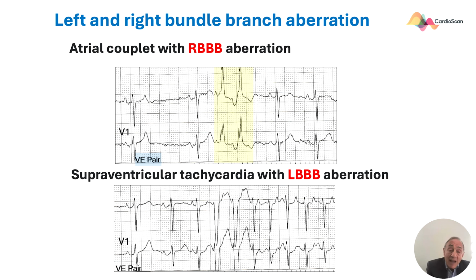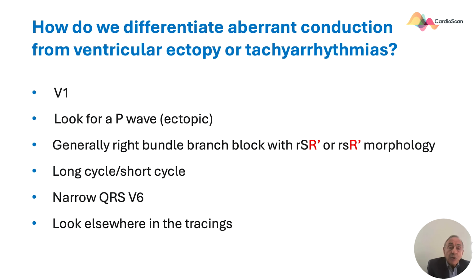But when we had a run of supraventricular tachycardia in the same patient, the supraventricular tachycardia now also has what's called a ventricular pair, but it's actually a left bundle branch block aberration, which as it slows goes back to normal conduction. So how do we differentiate aberrant ventricular conduction from ventricular ectopy or tachyarrhythmias?